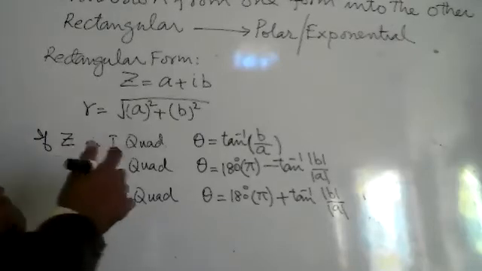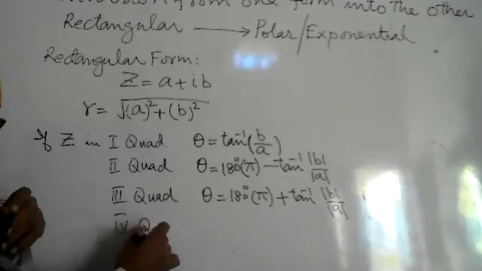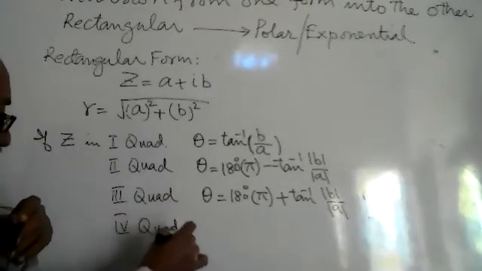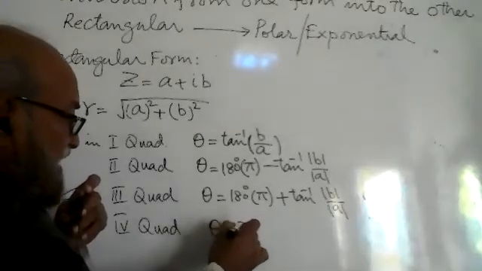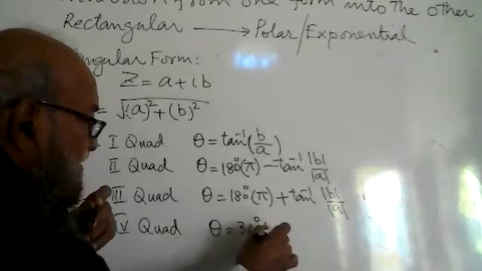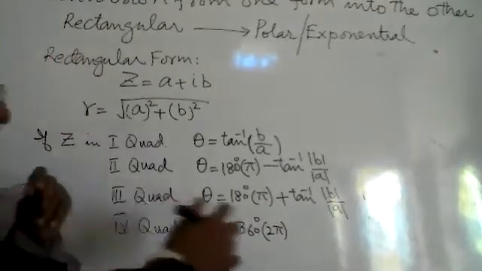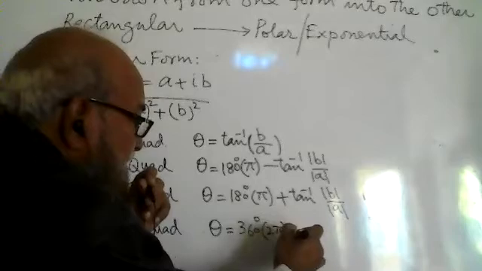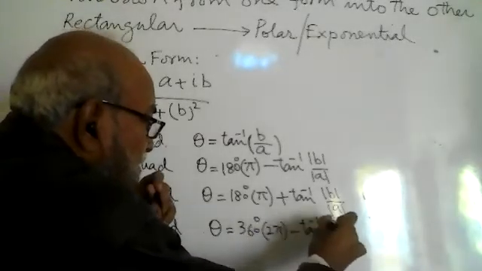If it is in the fourth quadrant, theta will be equal to 360 degree or 2 pi radian minus tan inverse b upon a.